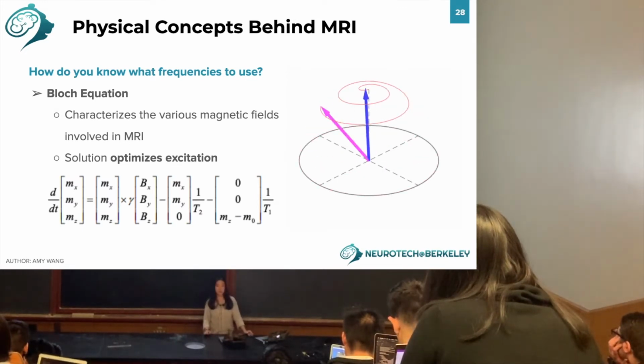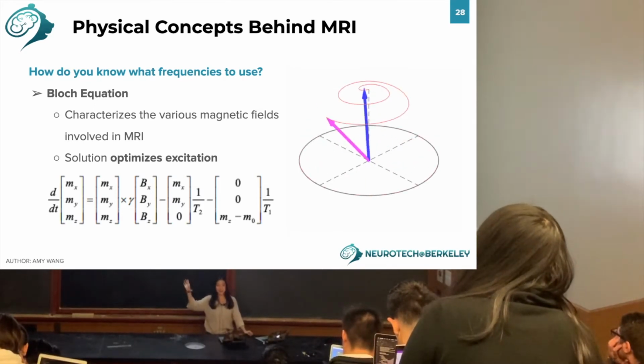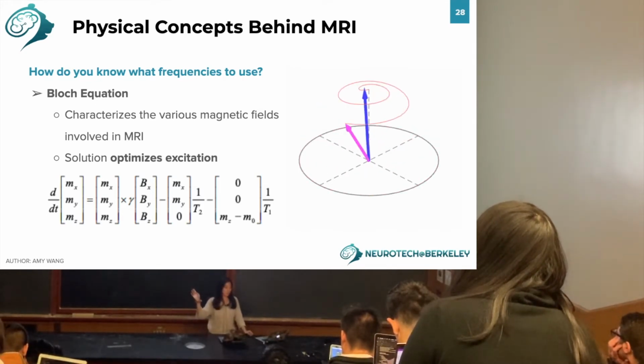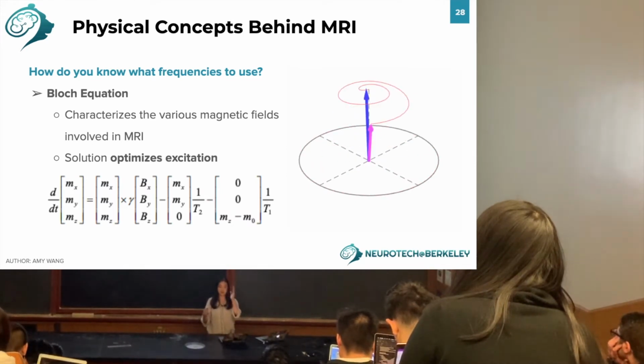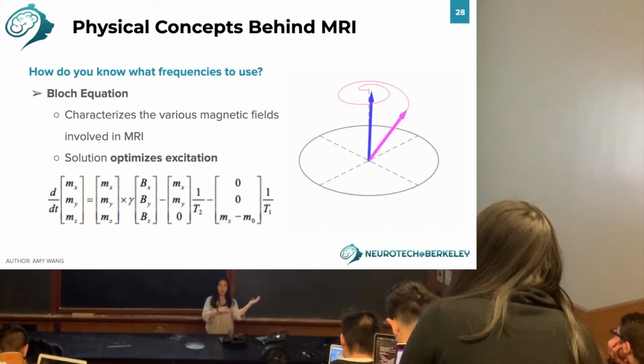So, some of the physics behind MRI. This is a scary looking differential equation. I'm not going to go too much into how it works, but it's called the Bloch Equation. Going back a little bit, when a magnetic field is applied, it hits a voxel of tissue. If you think of it as standing straight, and then the magnetic field hits it, the molecule is pushed to a new position, right? Then it recovers back to its natural state over time, in a spiral manner.